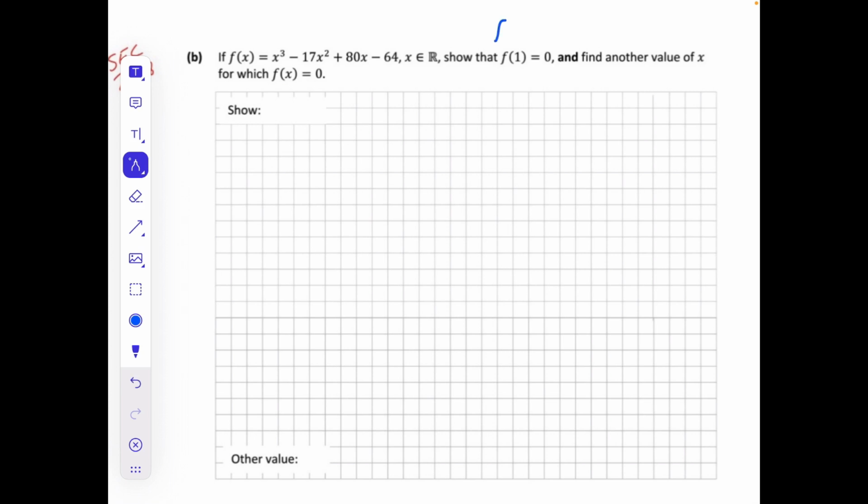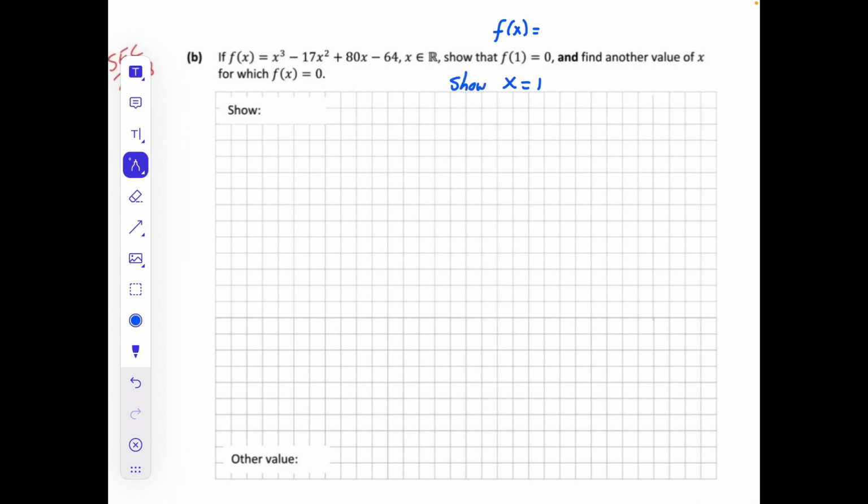So we want to show that f of 1 is equal to 0. Now, we're used to knowing f of x is equal to whatever. That tells me that x is equal to 1. x is what's inside the bracket.